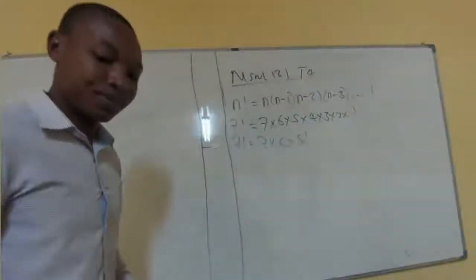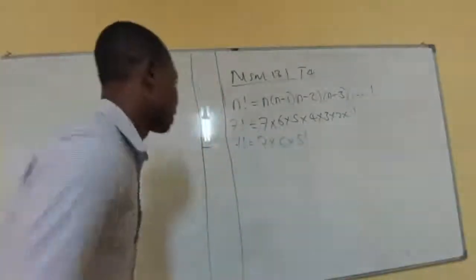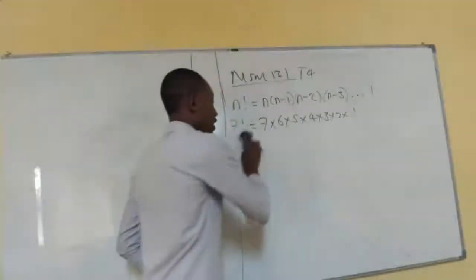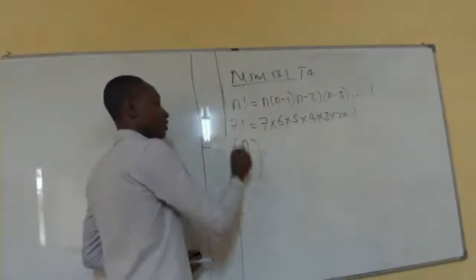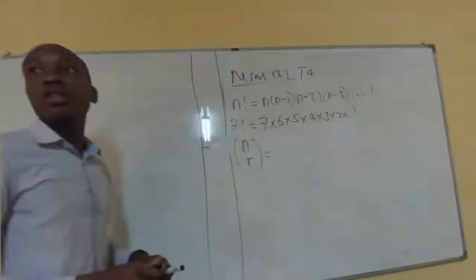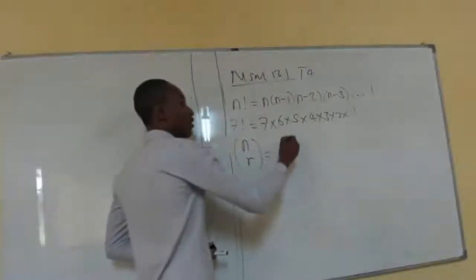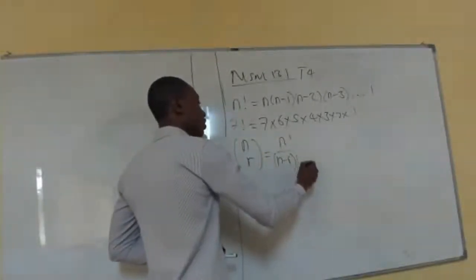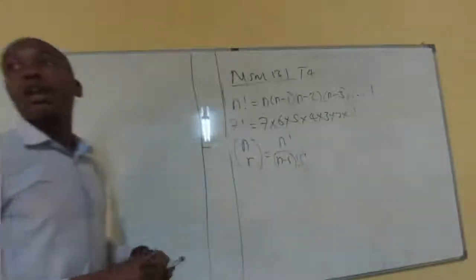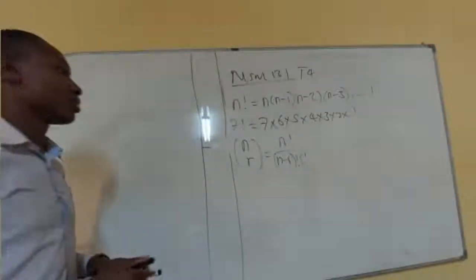An example: we have to know the definition of n choose r. n choose r is n factorial over n minus r factorial times r factorial. Usually we apply it from this formula.